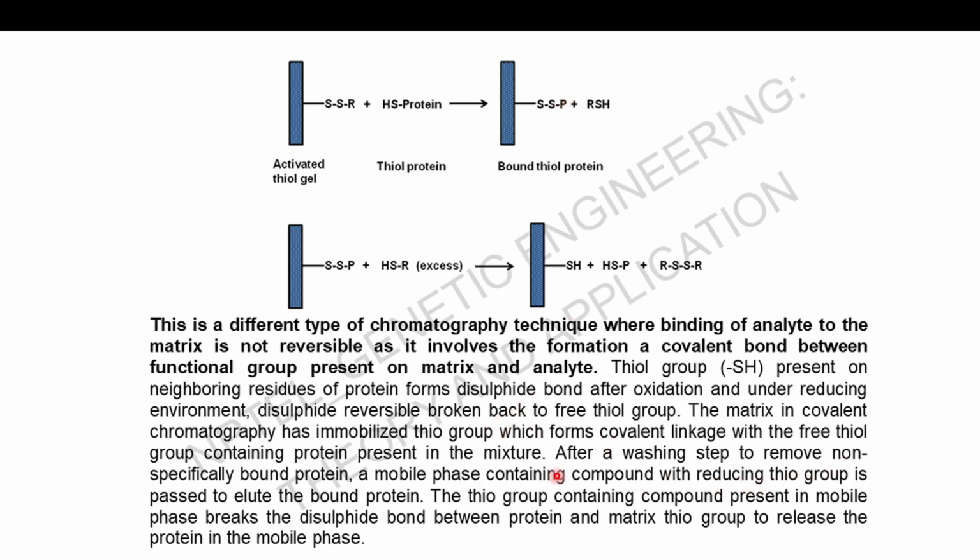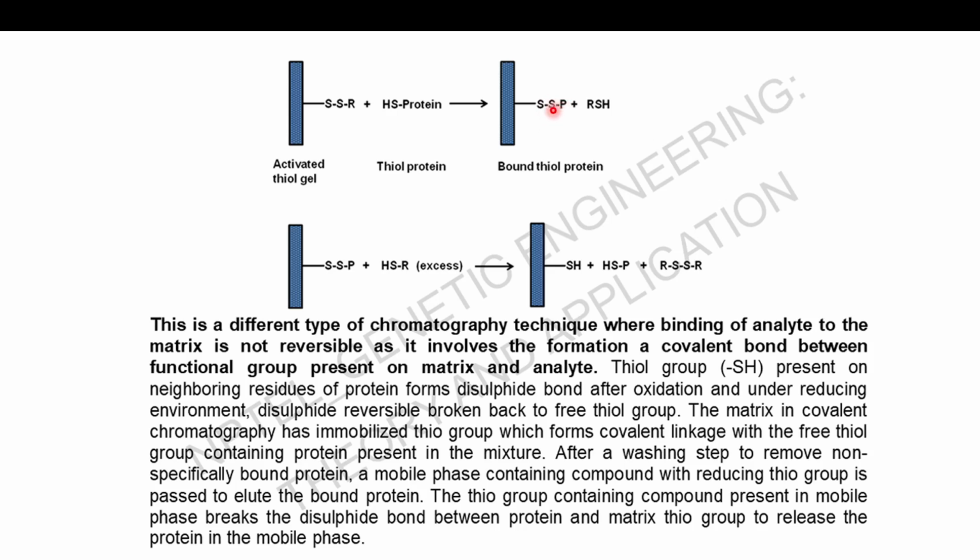After a washing step to remove the non-specifically bound protein, a mobile phase containing a compound with a reducing thiol group is passed to elute out the bound protein. And what happens here is this particular disulfide bond is cleaved because a reducing agent is passing through, and this forms SH, and then this is also cleaved out.